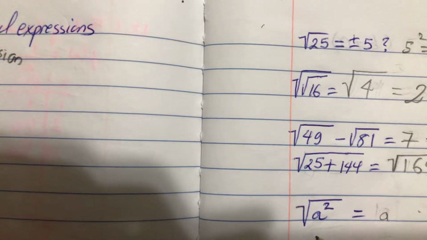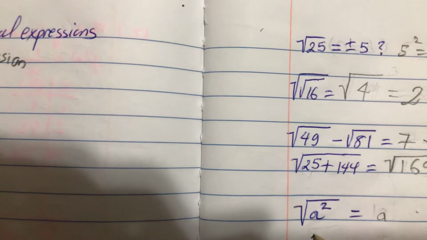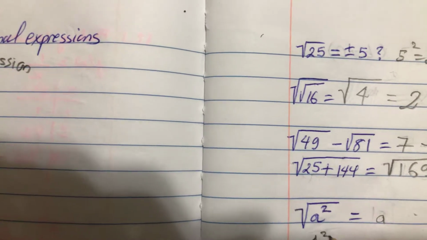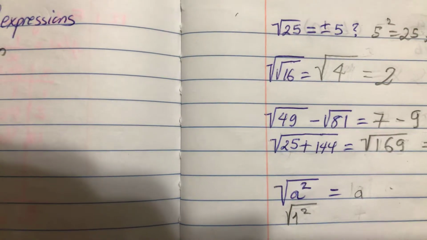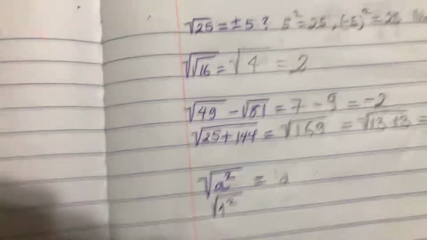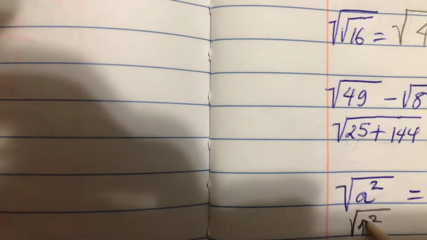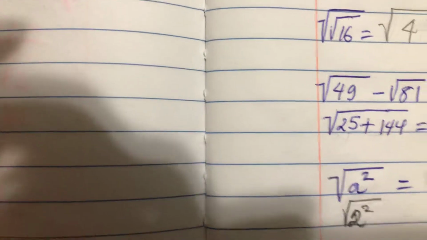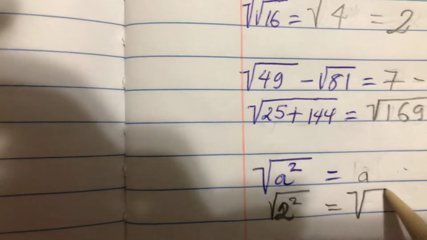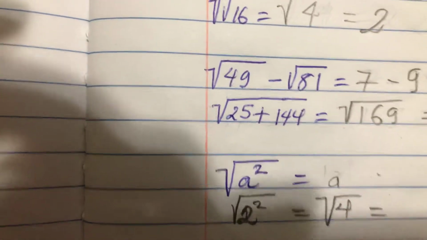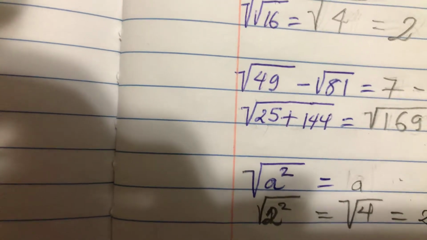So, for example, if a equals, let me change it to the number 2, then this becomes square root of 4, and it gives me 2.